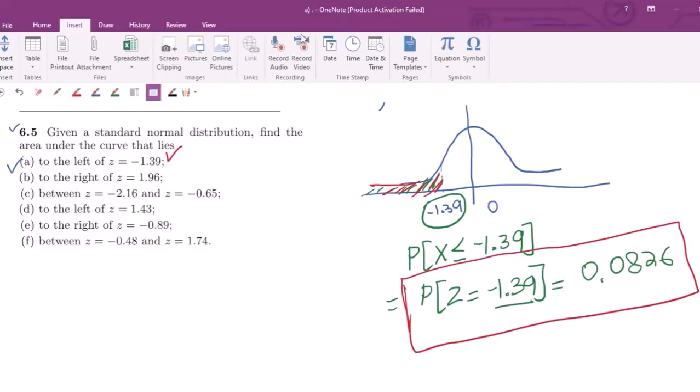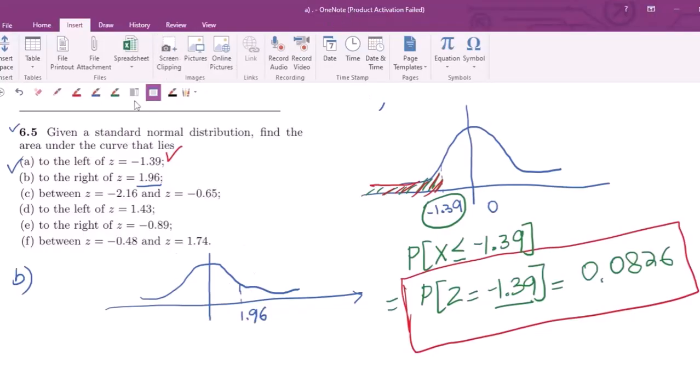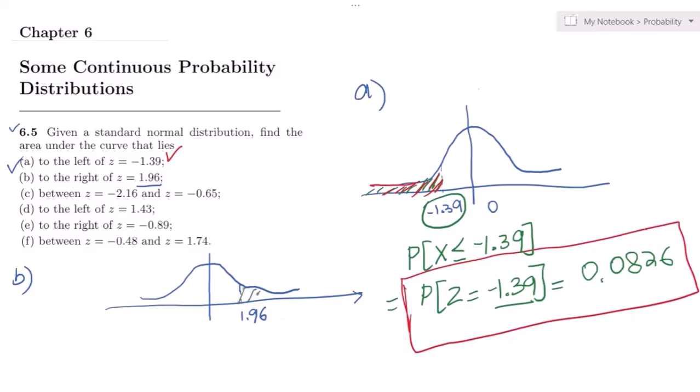Now let us move to part B of my question, which asks for the area to the right of z equal to 1.96. What's the difference? This is to the right, while the previous one was to the left. Let me draw the z distribution with its tails and mark the value 1.96 here. We have to find the area to the right of it, which is the probability that z is greater than 1.96.